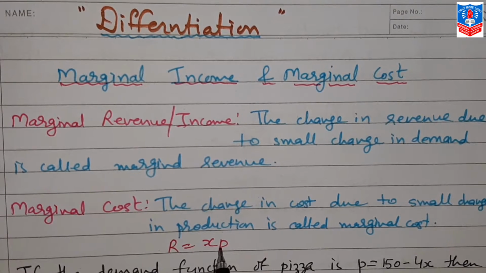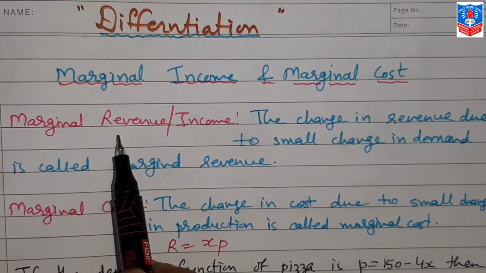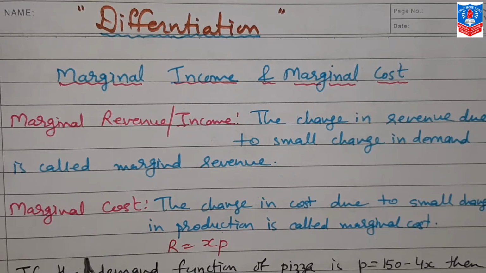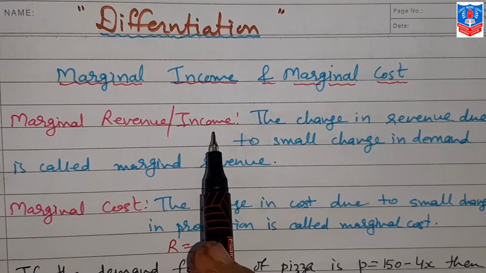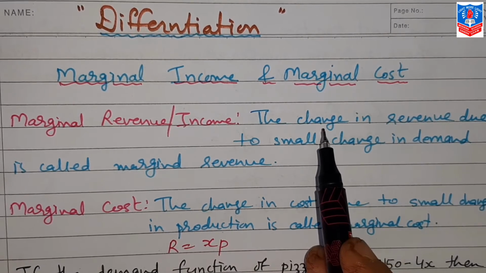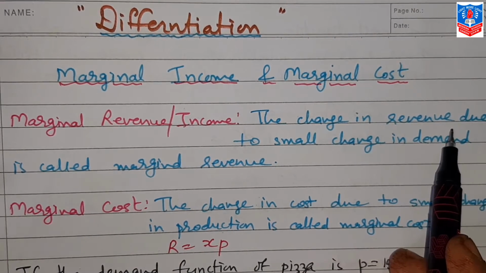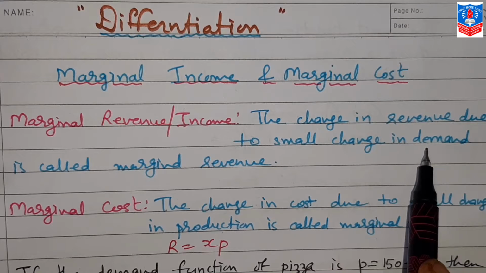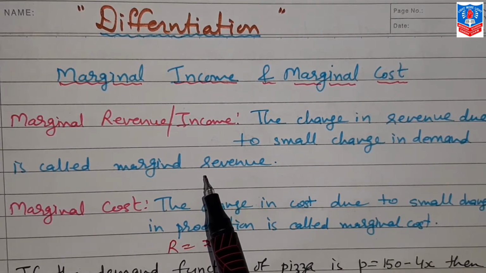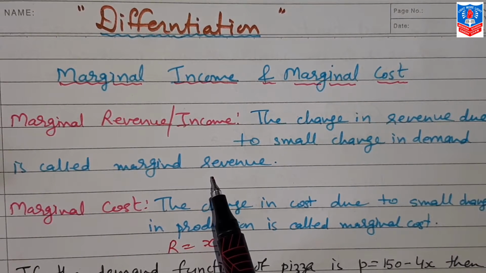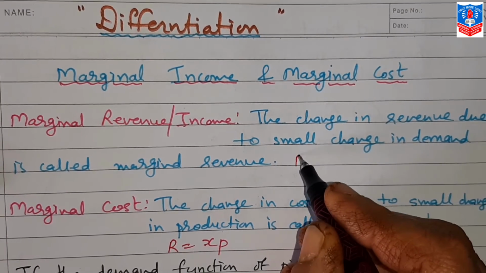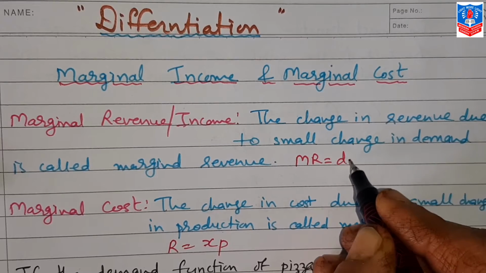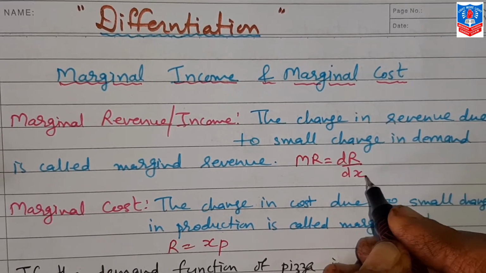Now, the question arises, what is the meaning of marginal revenue or marginal income, and what is marginal cost? Marginal revenue or marginal income is the change in revenue due to a small change in demand. We write it as dR upon dX.